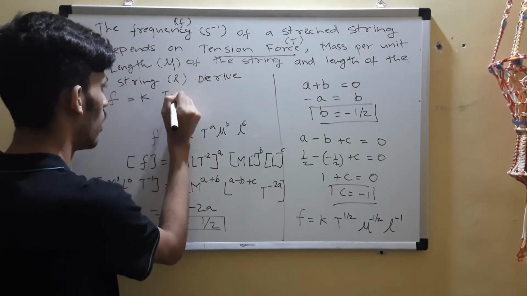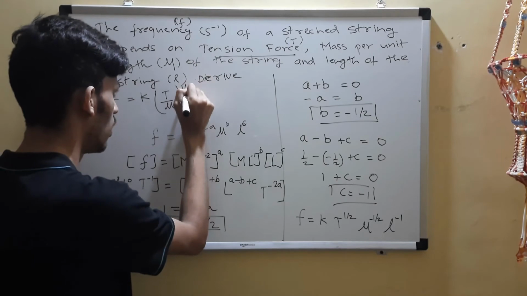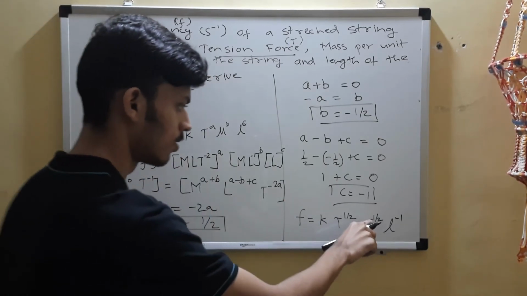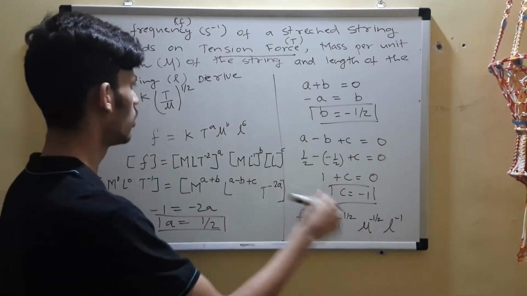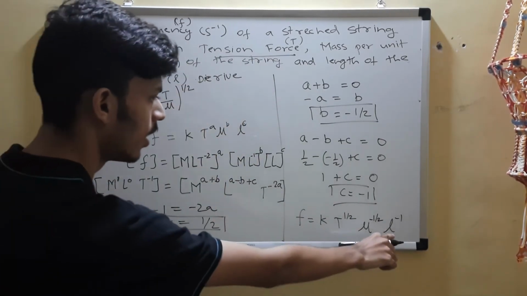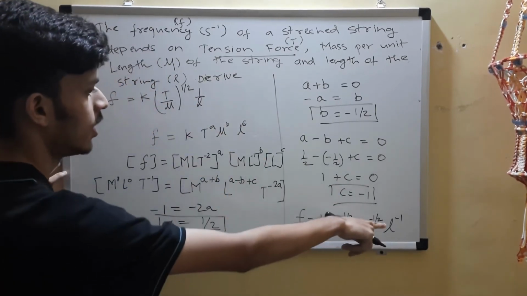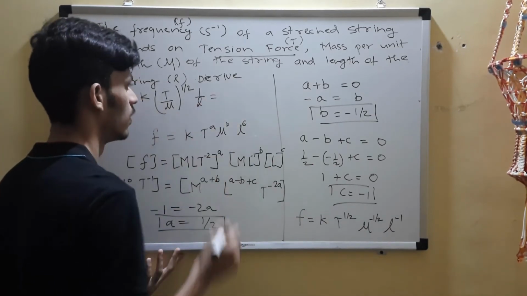So T raised to half you have, also mu raised to half, so both of them are raised to half. I took this mu down and it was minus, so it became positive when I took it down. And this L also I'll take down, so it changed the sign, it was minus 1, here it came down and it became plus 1.